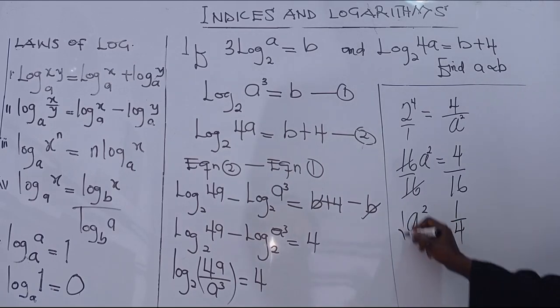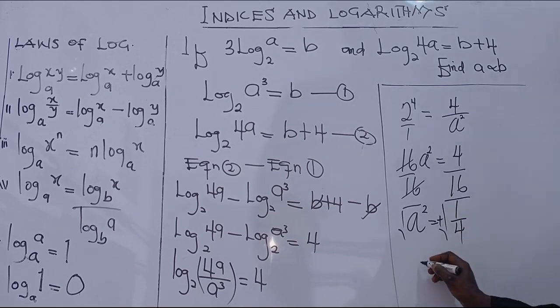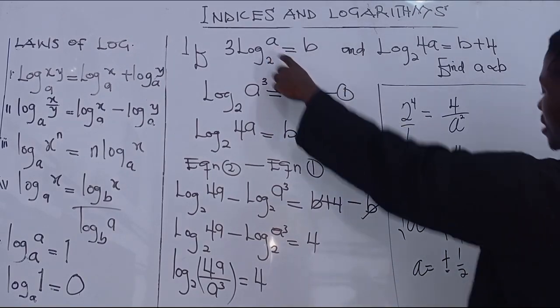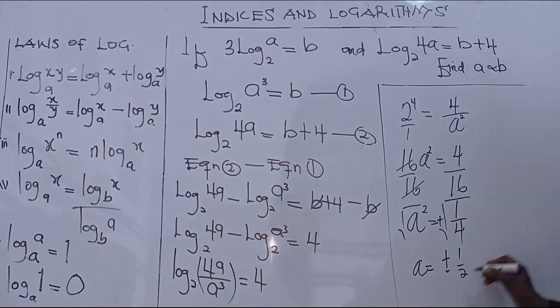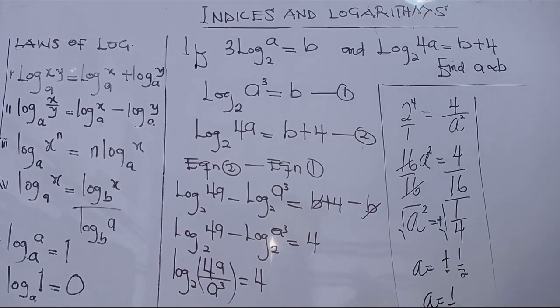So let's take the square root on both sides of the equation. So we have our a is equal to plus or minus 1 over 2. And since the logarithm of a negative number doesn't exist, we will go for our a is equal to the positive half.